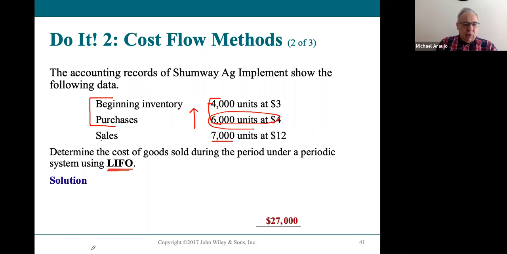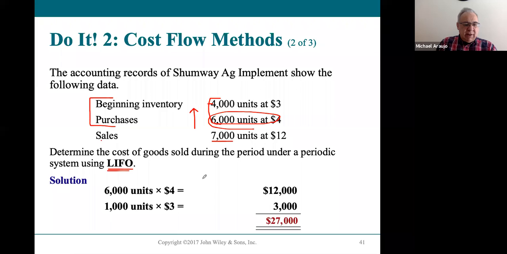And so your solution here is $27,000 as the total cost of goods sold for the sale, because LIFO takes the last ones in as the first ones out. So you have 6,000 of the 7,000 accounted for. You need 1,000 more to get the 7,000 all accounted for. And then you simply add them up.